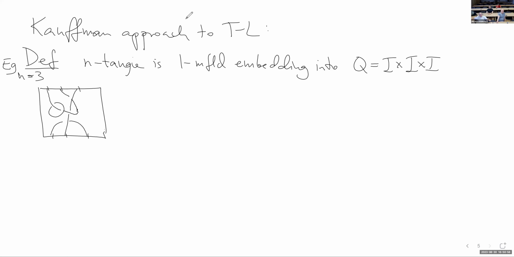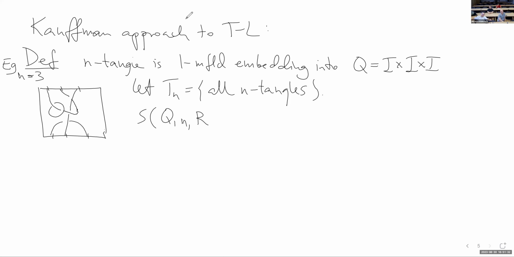Then let T_n be all n-tangles. I want to consider our Kauffman bracket skein module based on tangles, not links. Tangles in Q, we can denote it by S again, with Q and n.